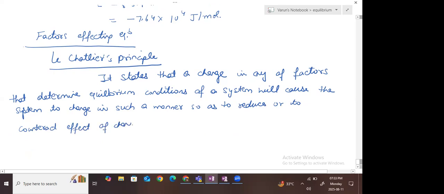Basically, if we change any condition, our equilibrium shifts in that direction so we can minimize the effect of that change.